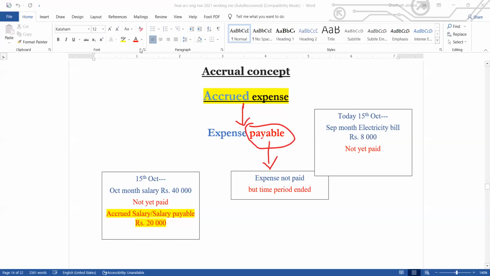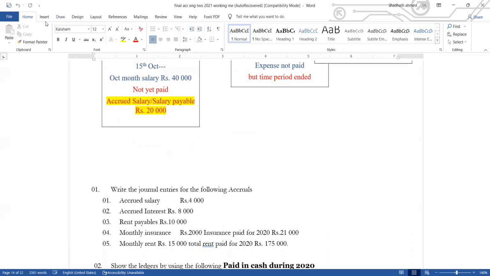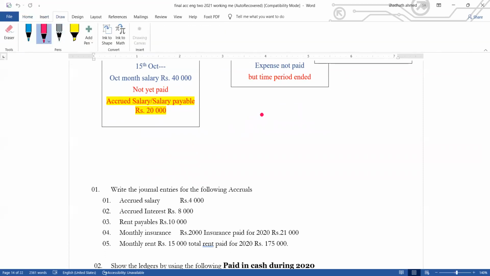Okay, I came. So the double entry we learned for accrued expense is expense account debit, accrued expense account credit, right?